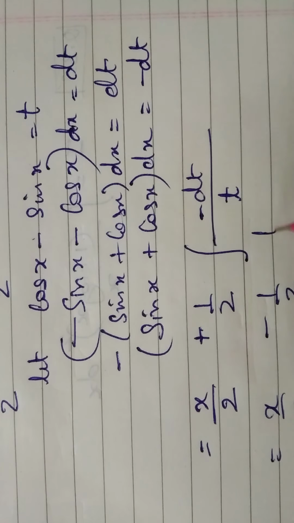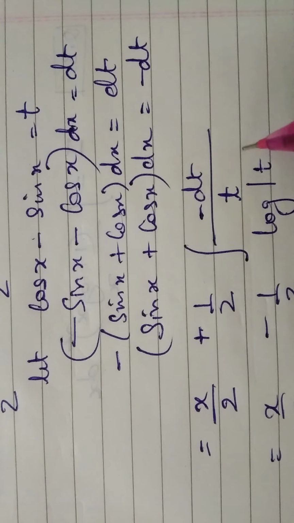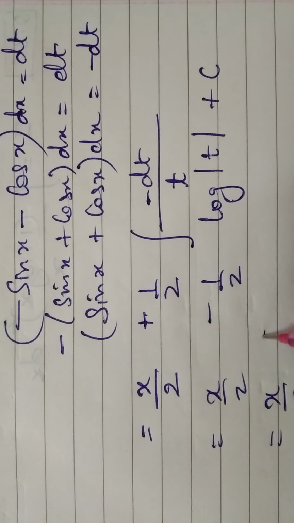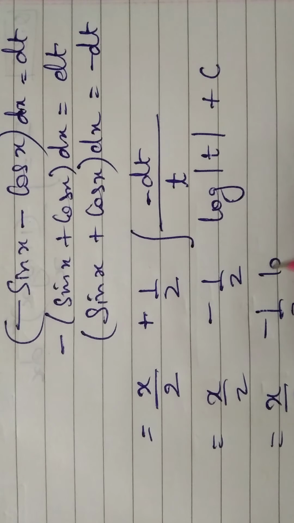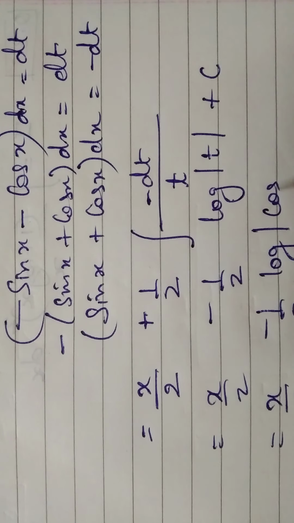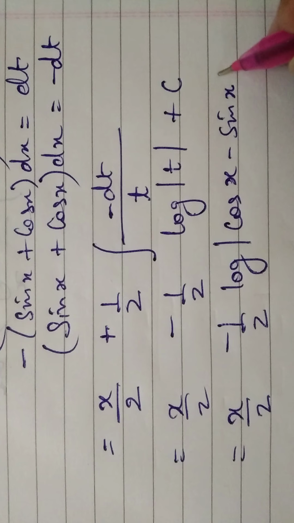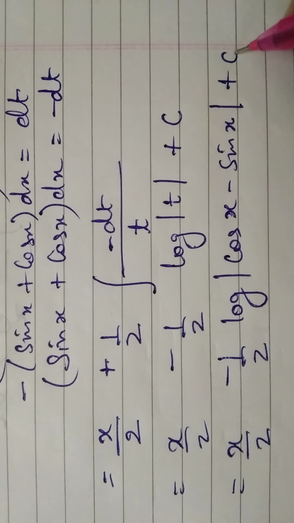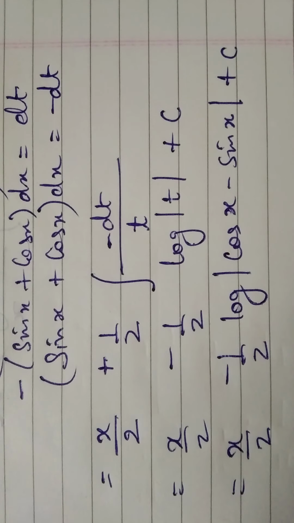Integral of 1 upon t is going to be log of t, so log of modulus of t, and plus the constant of integration, that is x upon 2 minus half. And I did not want t, so I resubstitute the value of t. I had taken cos x minus sin x as t, so I resubstitute my value of t, and plus c is the constant of integration. So we finish this question here.